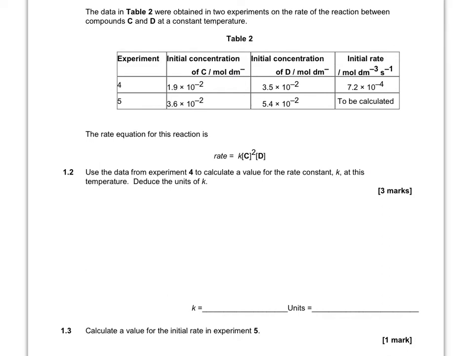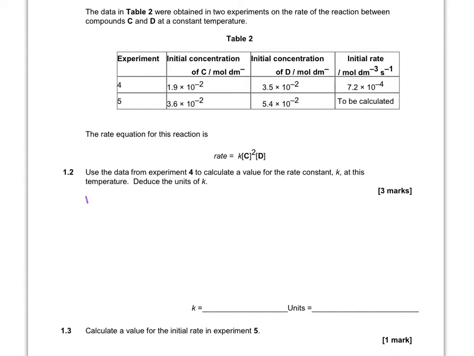The data in Table 2 were obtained in 2 experiments on the rate of reaction between compounds C and D at a constant temperature. Experiment 4 and 5, the data is given in the table. The rate equation for this reaction is shown below. Use the data from experiment 4 to calculate a value for the rate constant k at this temperature and deduce the units of k.